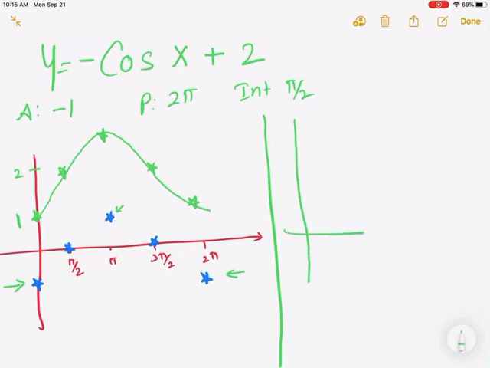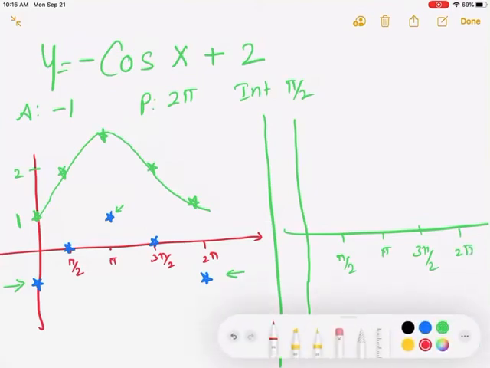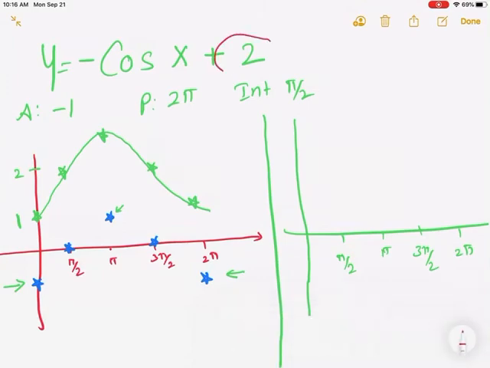Here you go, my other way. So same thing, I'll start off with my intervals: pi, 3 pi/2, and 2 pi. Now, first thing, I'm just going to draw my new x-axis, which is always based off this vertical shift. So +2 means my new x-axis would be at +2.